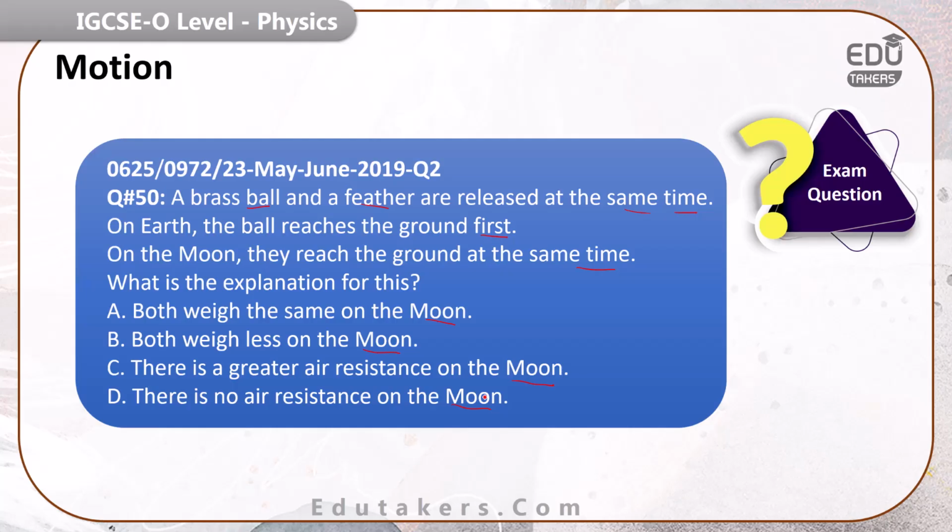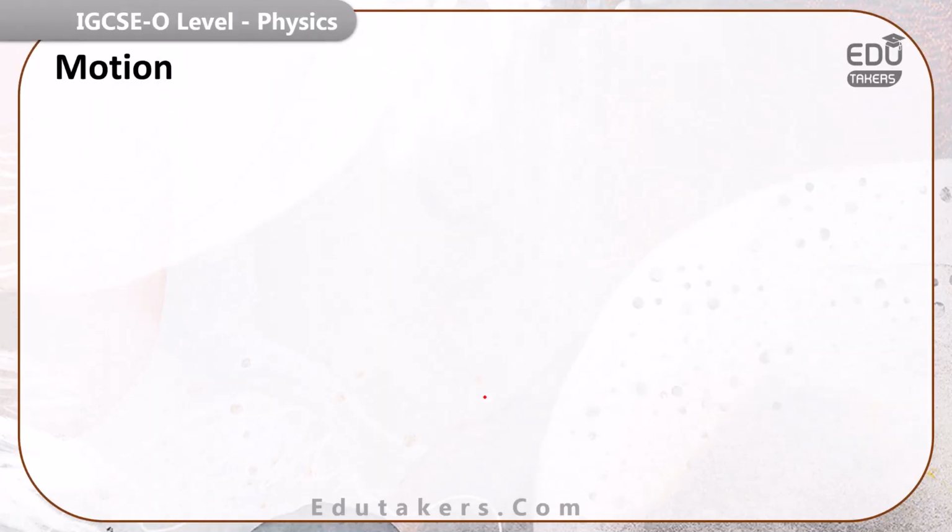But on the surface of the moon, as both of these hit the ground at the same time, what does this mean? It means that there is no air resistance on the surface of the moon. That's why both objects, the brass ball and the feather, reach the ground at the same time. Let's see the answer and explanation for that.